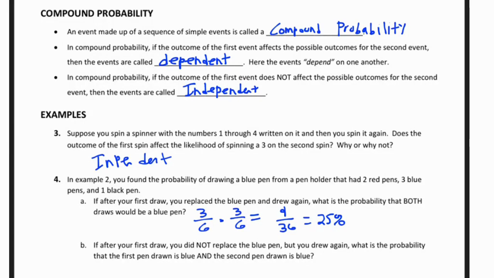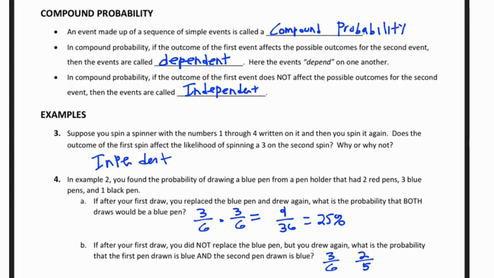There are 3 blue pens out of 6, so 3 out of 6 is my first draw. If I reached in and took out a blue pen, then there would be 2 blue pens left out of now 5 pens, because I took 1 out of both of those.